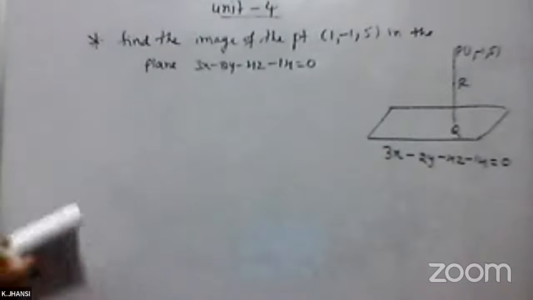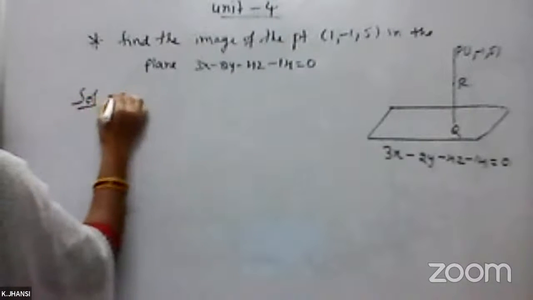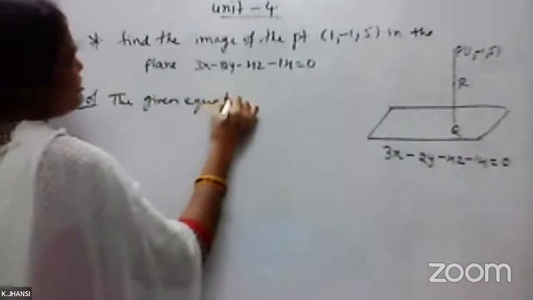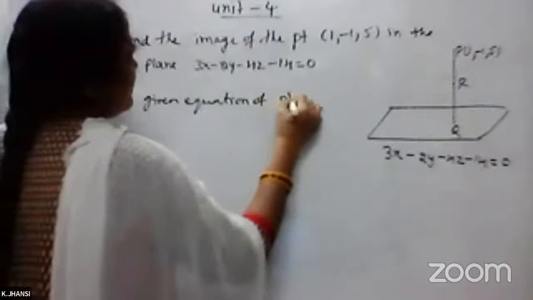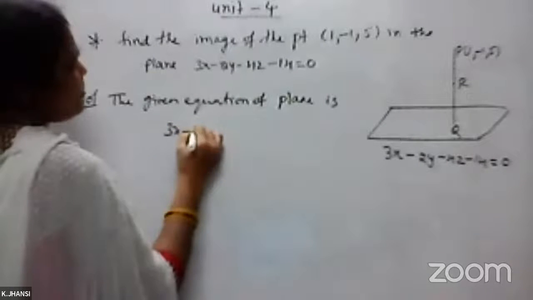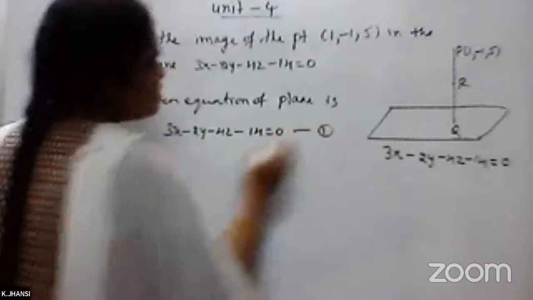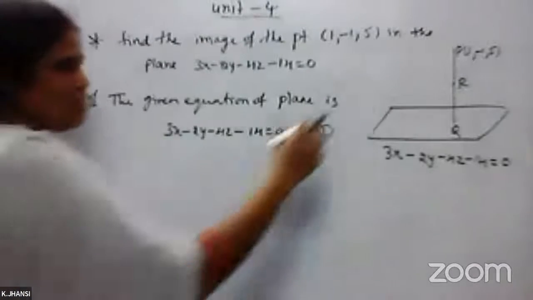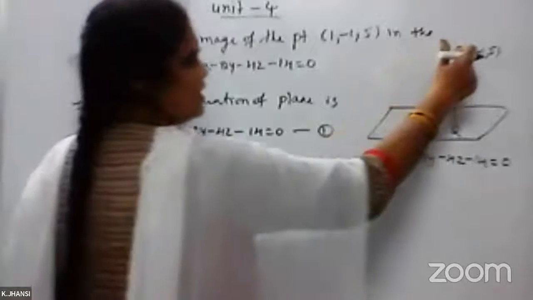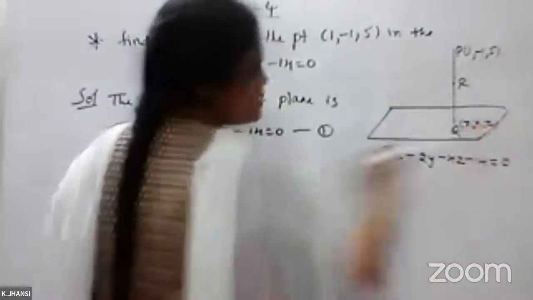For this, the procedure is: the given equation of the plane is 3x - 2y - 4z - 14 = 0, equation 1. Here also the same procedure as the example problem we saw before. We take the point as x1, y1, z1.